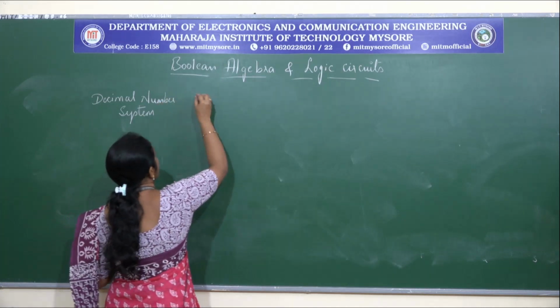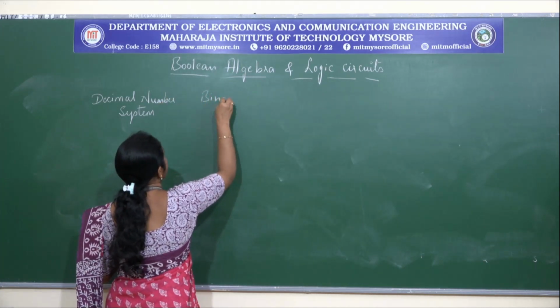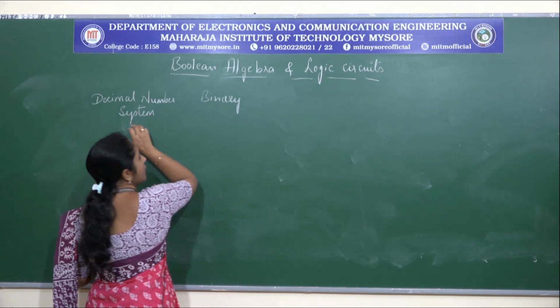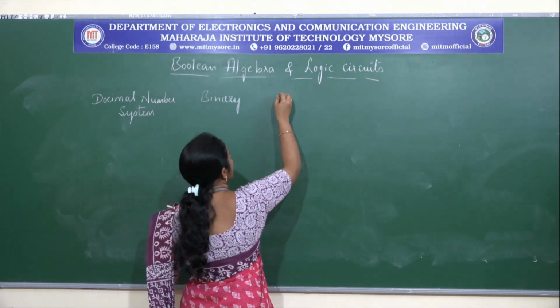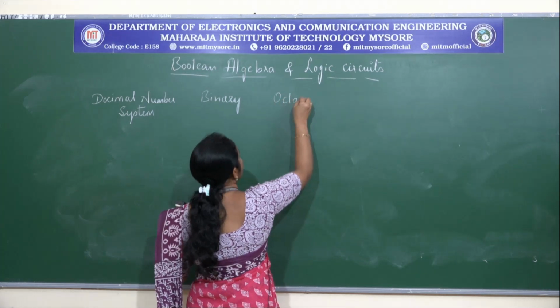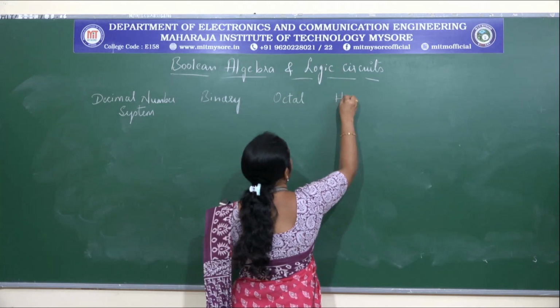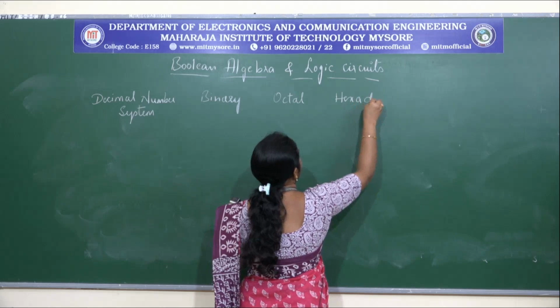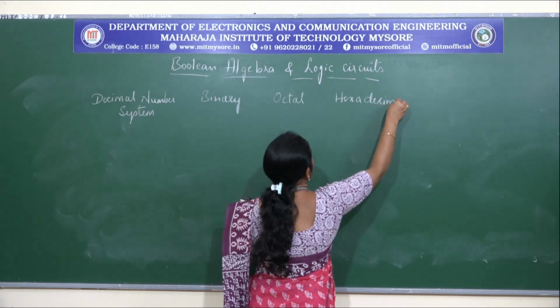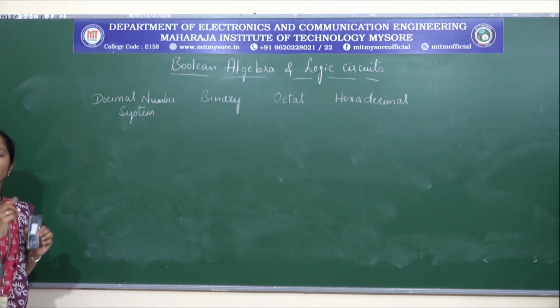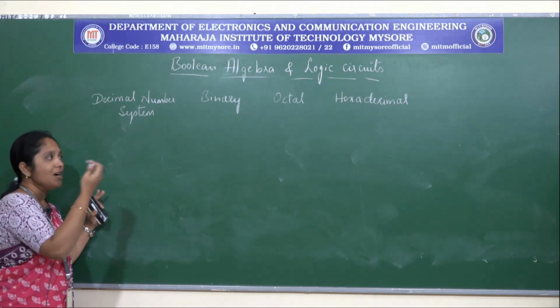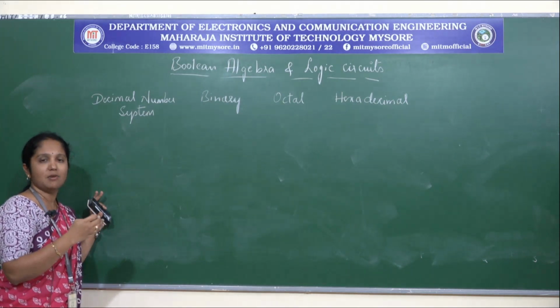Then we need to consider binary, and let us write the binary equivalent for this decimal number system later. Next we need to consider octal. Next we need to consider hexadecimal. In hexadecimal we will have digits from 0 to F, 16 digits.